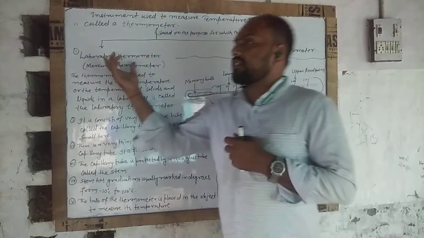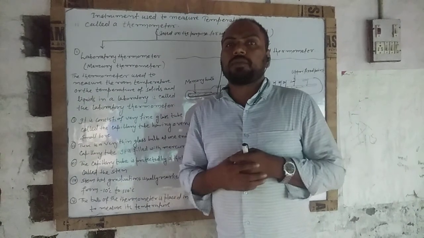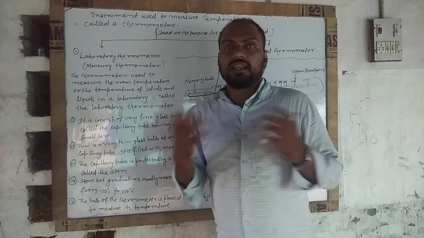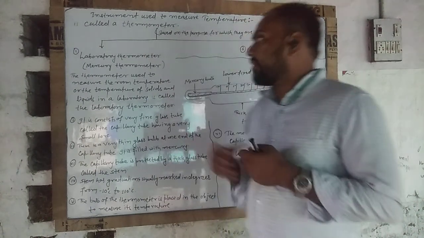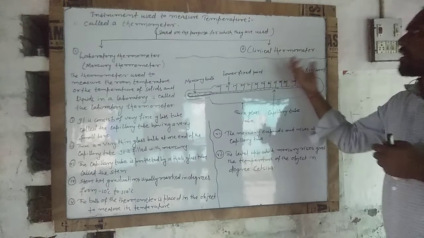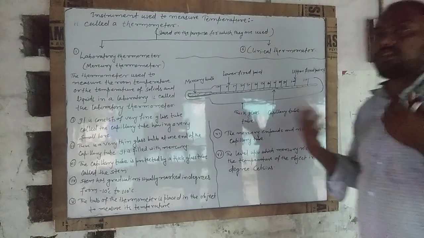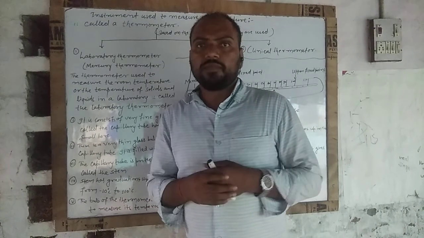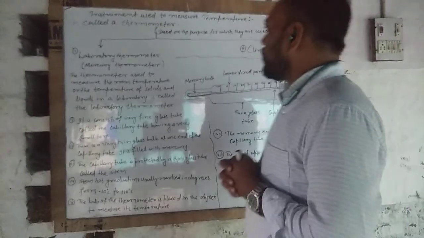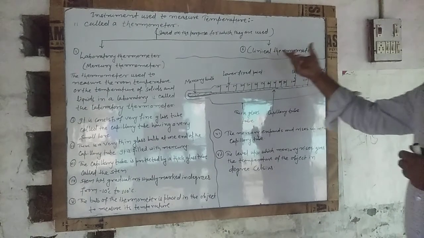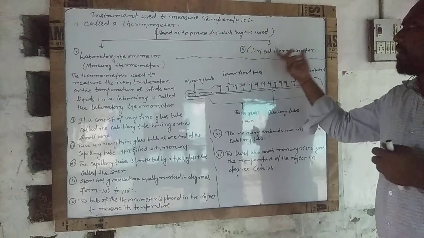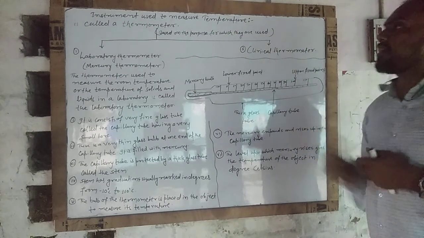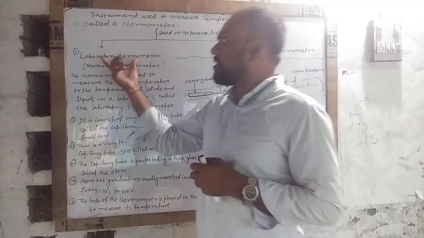A laboratory thermometer is used in a laboratory to measure the temperature of substances like solids, liquids, etc. and room temperature, while a clinical thermometer is basically used by doctors to measure the temperature of the bodies of animals and humans.